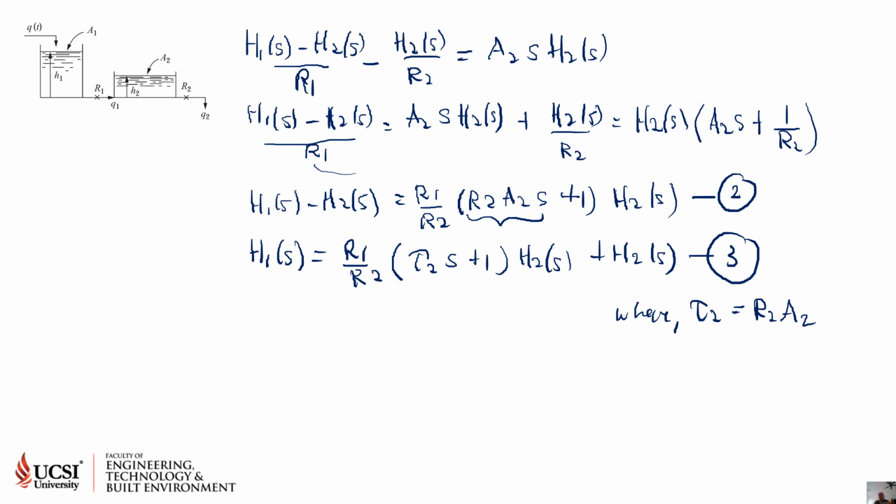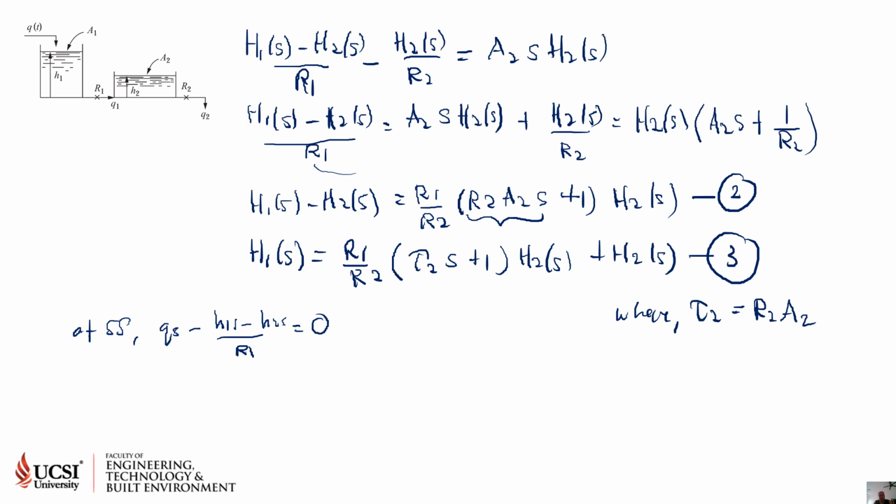From equation number 1 in the previous calculation, at steady state we know that Qs minus H1s minus H2s over R1 equals 0. This one is from the previous equation 1.